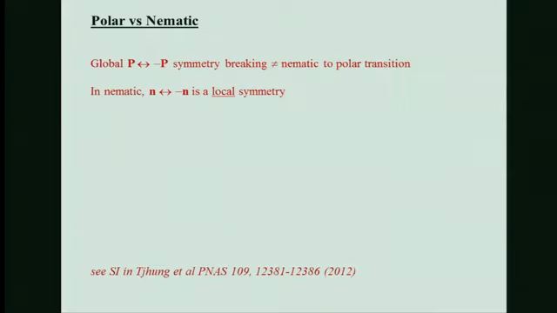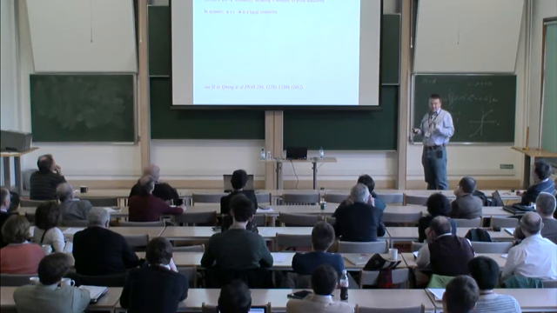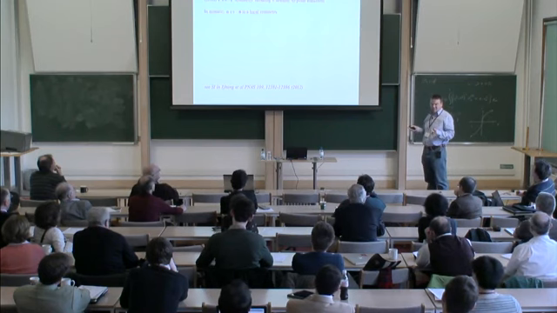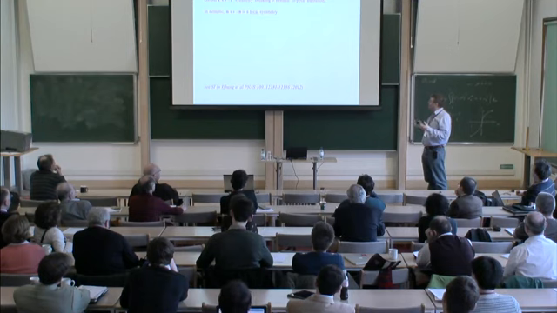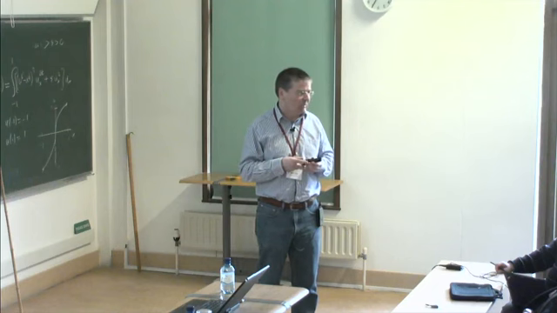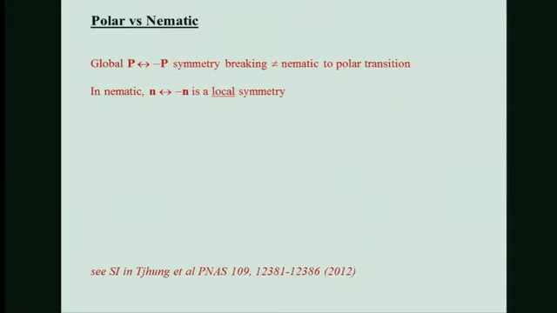Okay, since this is a liquid crystal audience, I just want to get a little thing off my chest. Having a symmetry in the equations between plus p and minus p, and this symmetry breaking, is not a transition from a nematic to a polar liquid crystal. I hope I don't need to explain that too much here.